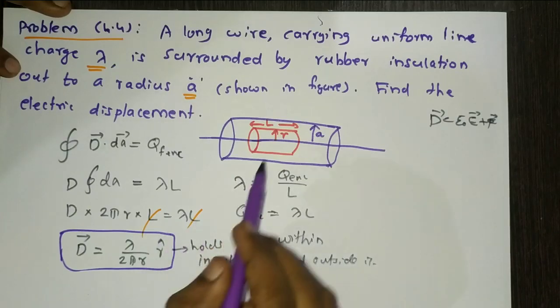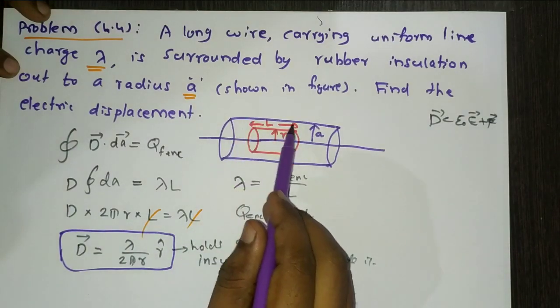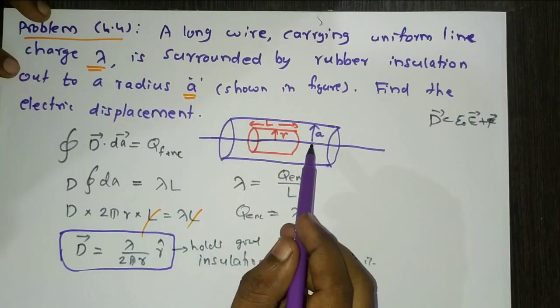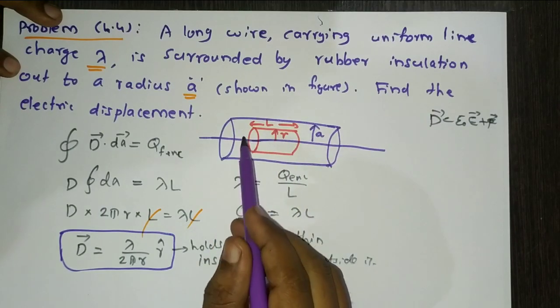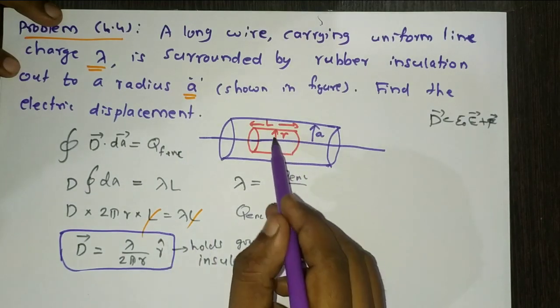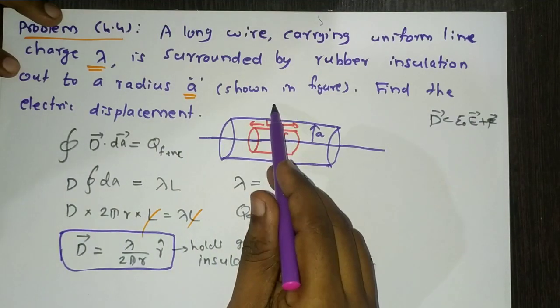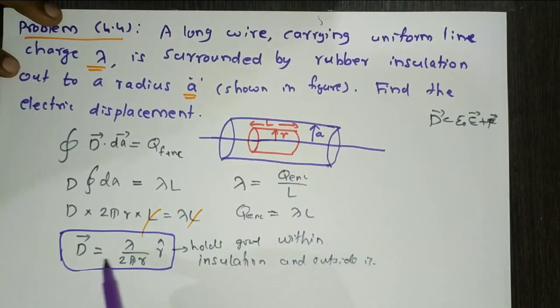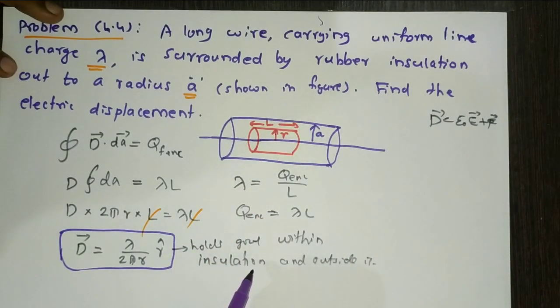Now, the electric displacement due to this object, that means we have to find out the electric displacement inside as well as outside, but this is valid in both cases. If it is for outside, this r will extend to here, and therefore this equation is valid both inside and also outside.